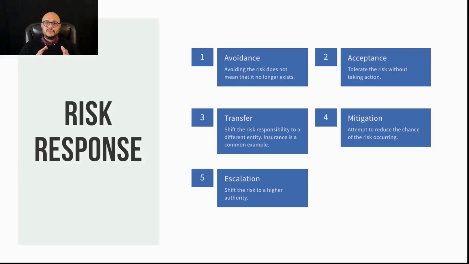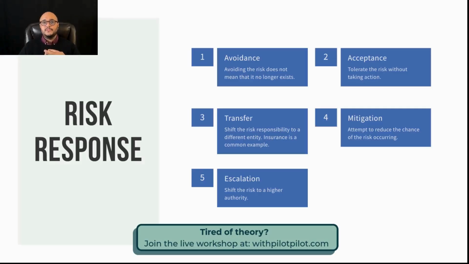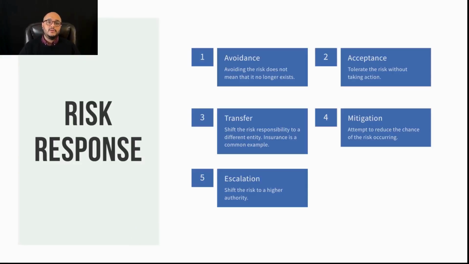Acceptance falls along similar lines. It's tolerating the risk, just taking no action. Okay, I've identified the risk and it is in fact happening, but that's okay. It's low impact. Let it happen. We'll eat the cost. It's a very minimal cost, not a big deal. That's accepting the risk. I could transfer the risk. Transferring the risk essentially means shifting responsibility. A really good example of this is insurance.